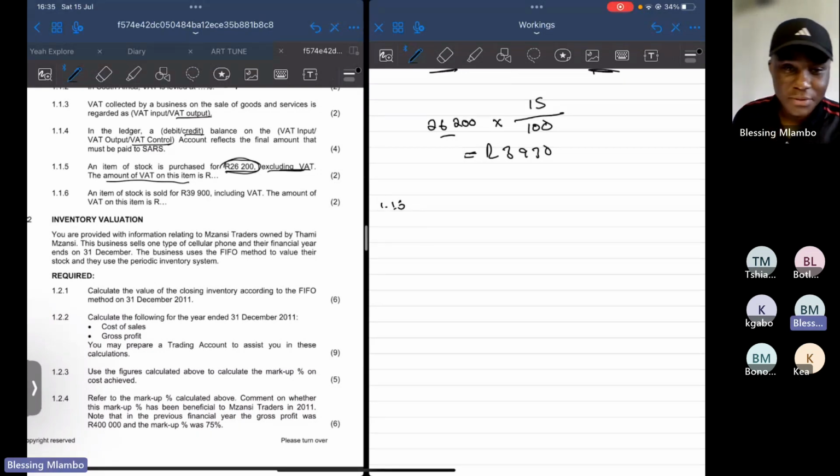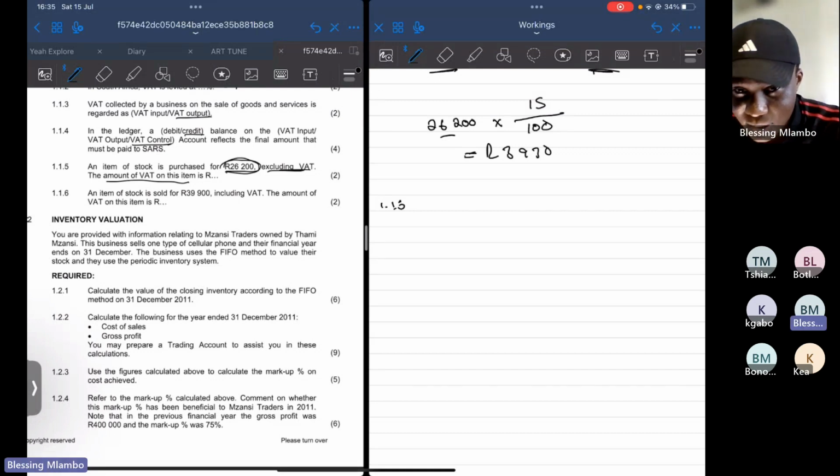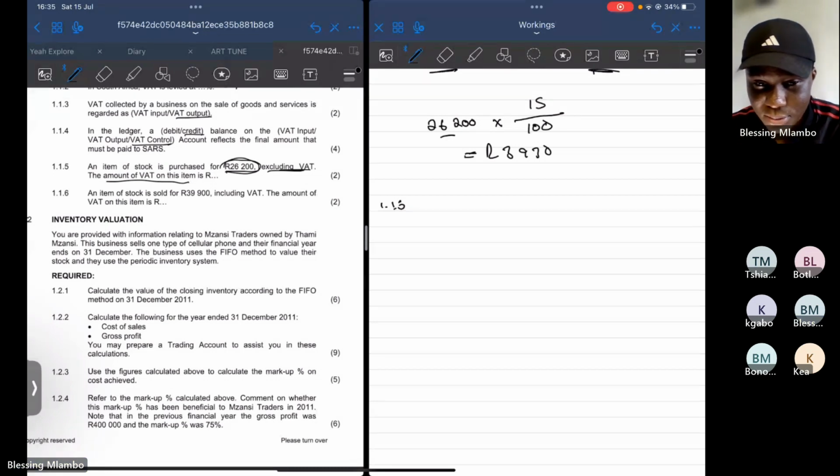Can unmute if you feel like you're brave enough, but I know you guys are brave enough, so can unmute if you know the answer. Just tell me, VAT input or VAT output? It's VAT input, yeah, because the business is buying the stock. So perfect, we're done with that.